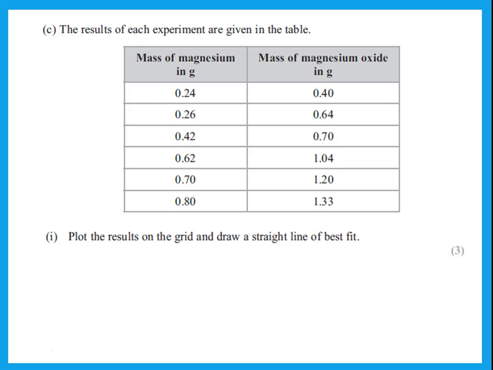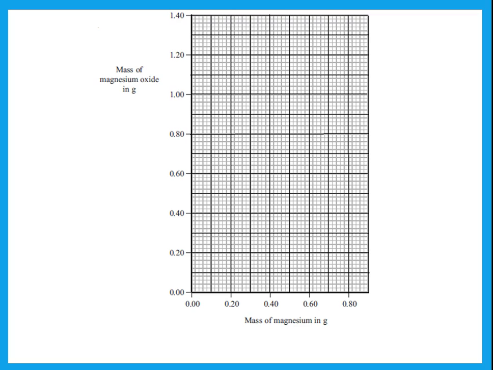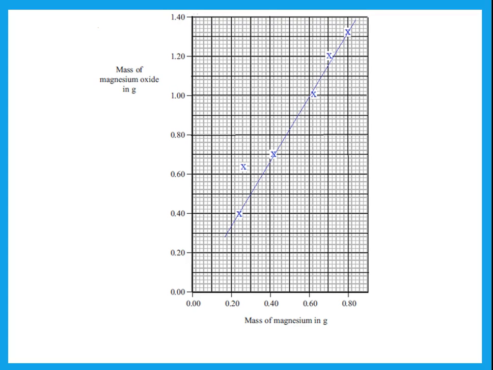The results of each experiment are given in the table. Plot the results on the grid and draw a straight line of best fit. Again, when you have the table, I'm going to remind you that the mass of magnesium in grams will go on the x-axis, the mass of magnesium oxide will go on the y-axis, and then we are plotting them.